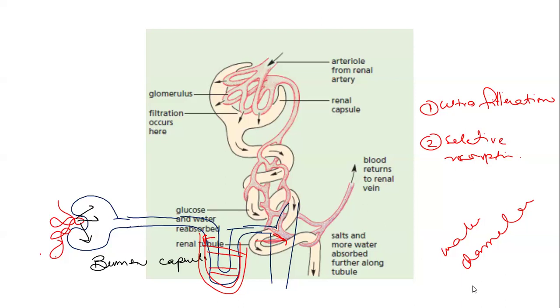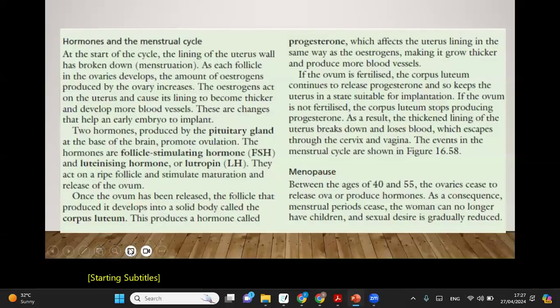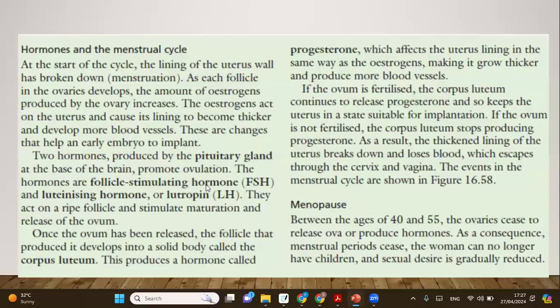All right. So when we are talking about the hormones that are specifically involved in the reproductive cycle, the hormones are obviously different for males and females. In males, you have testosterone. Mainly, that's the one that's involved and needed for the production of your male gametes. On the other hand, when we are talking about our female hormones, there are four major female hormones that you should know about.